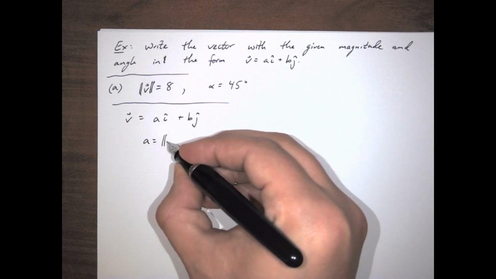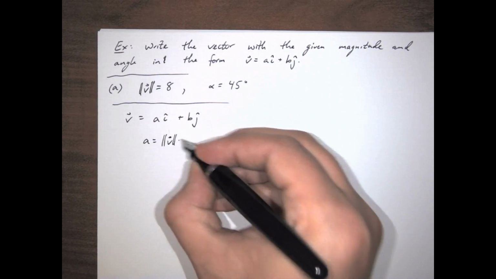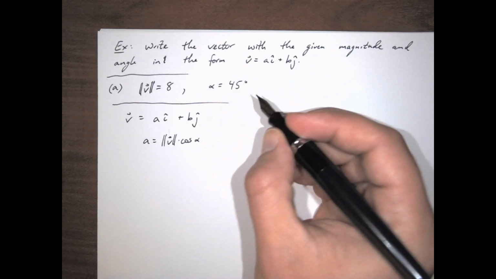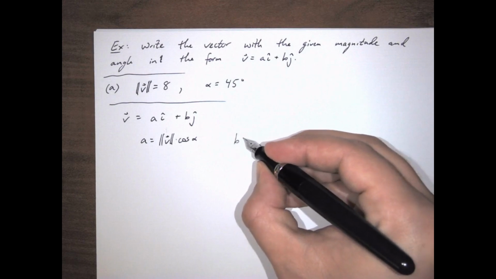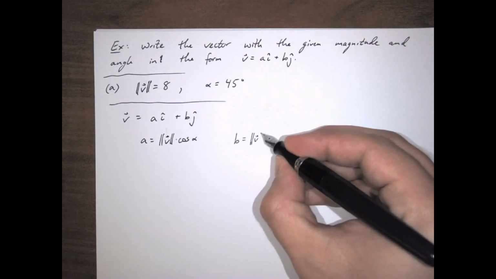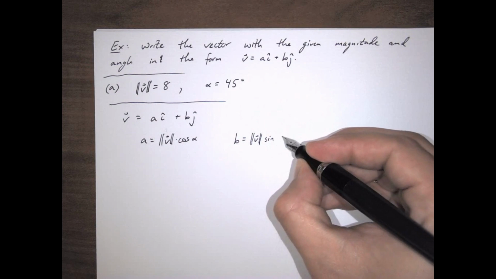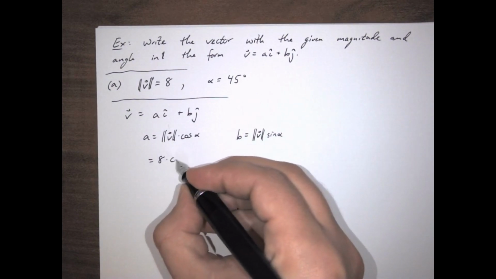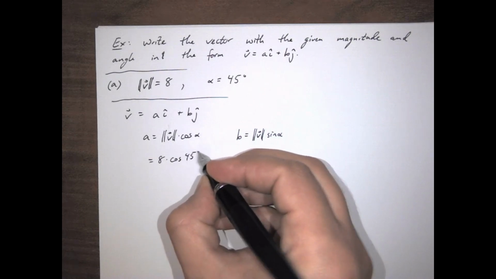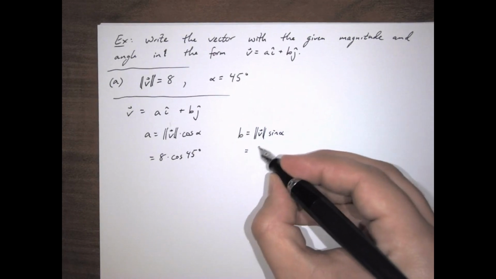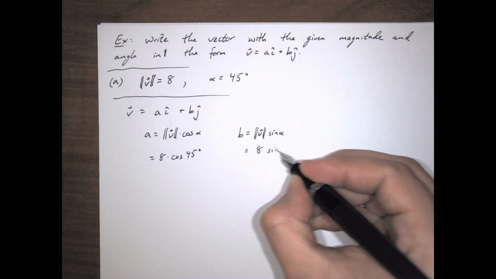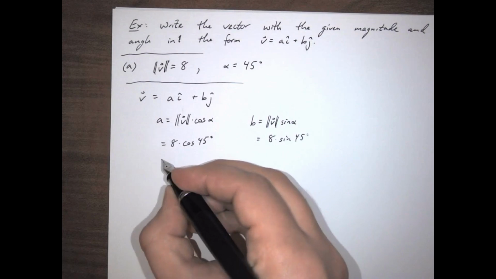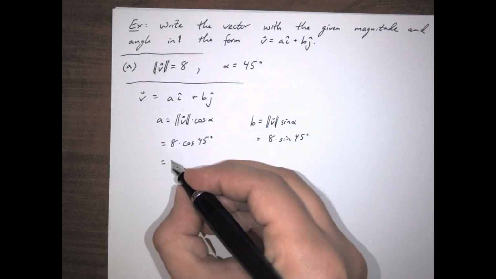So a is equal to the magnitude of V times cosine alpha. b, on the other hand, is equal to magnitude of V sine alpha. So that's going to equal 8 times cosine 45 degrees. And this one is going to equal 8 times the sine of 45 degrees. But 45 is famous. We all know the cosine and the sine of 45 degrees.